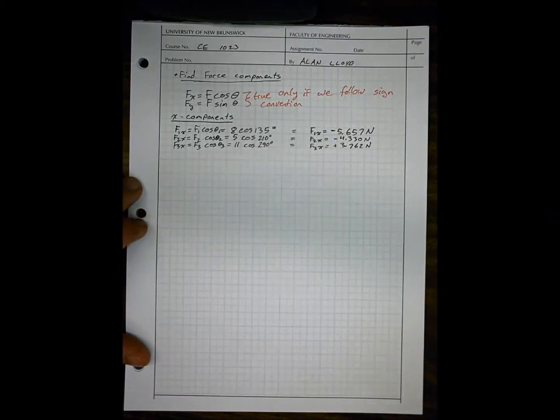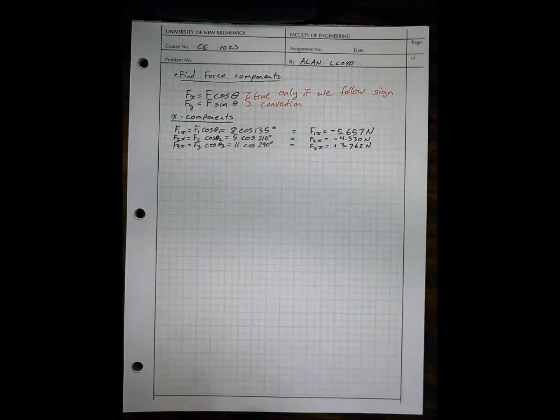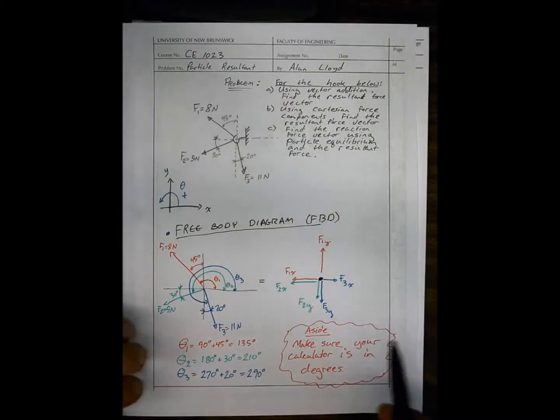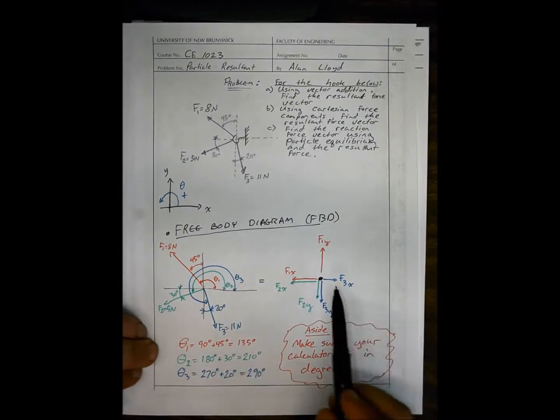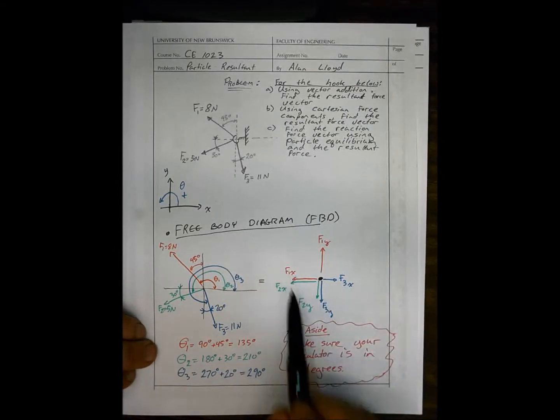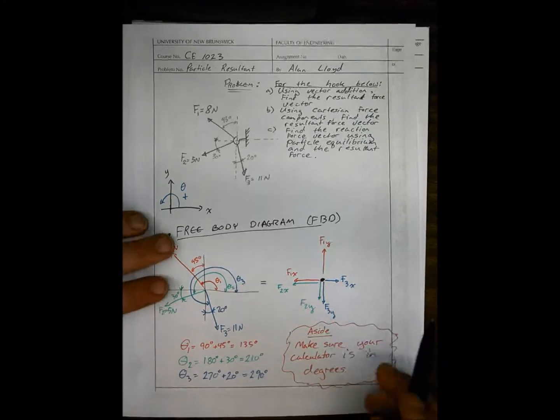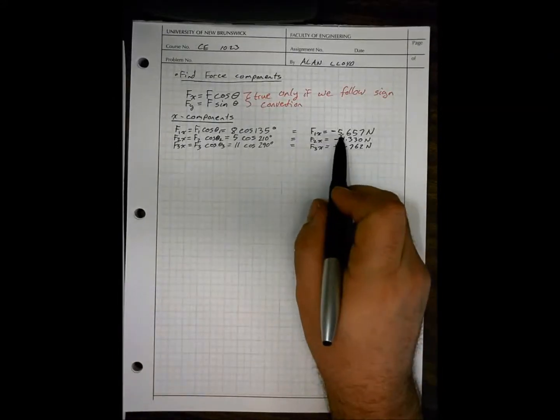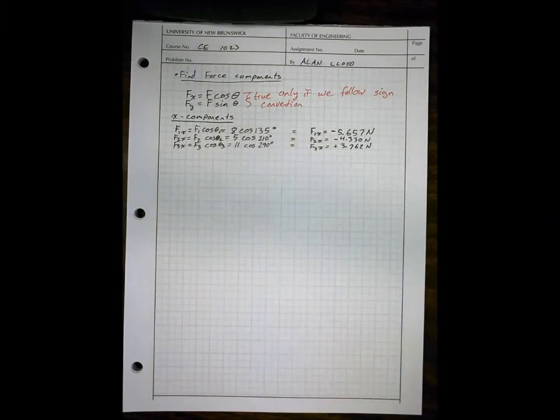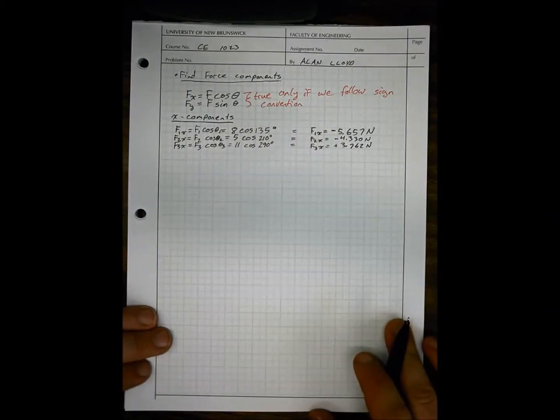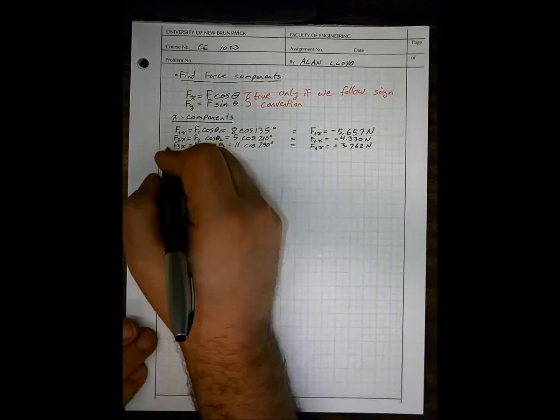Now we notice, if we look back at our drawing that we did before, in terms of our free body diagram for F1, 2, and 3, x and y components, we had F1x is negative, F2x is negative, and F3x is positive. And we just calculated F1x is negative, F2x is negative, and F3x is positive. So everything seems to be working out so far.